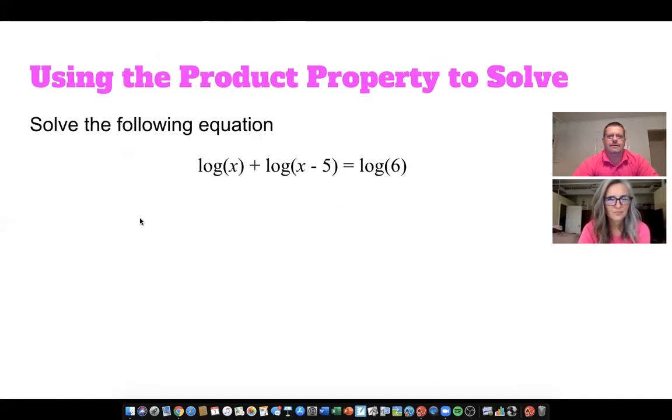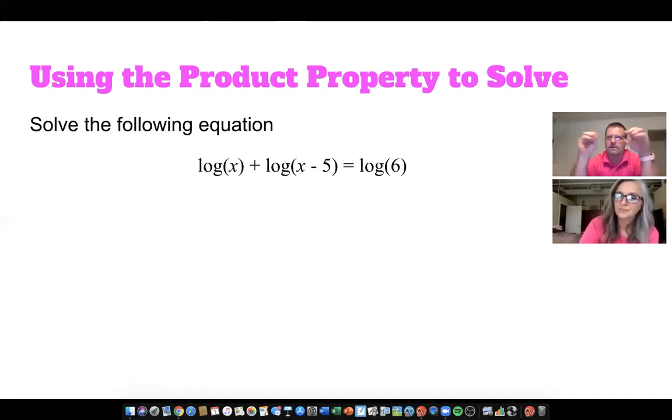All right, now we got to bring those properties back. We can't get a log equal to a log on this one though, Mr. Bobby. No, but if I have a log equals a log, then like when we had exponentials, the bases are the same, we could drop the bases.